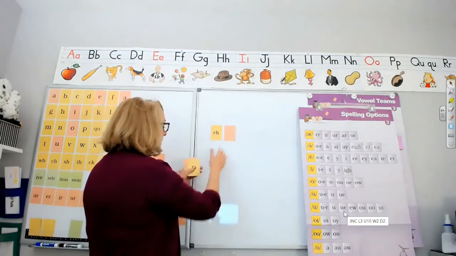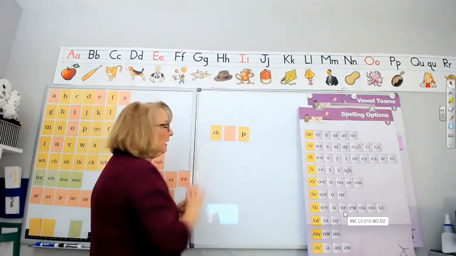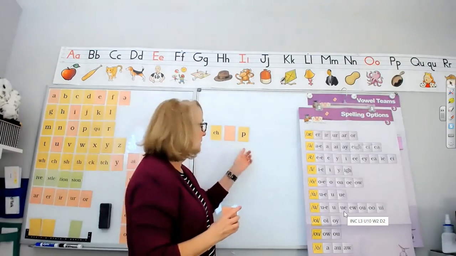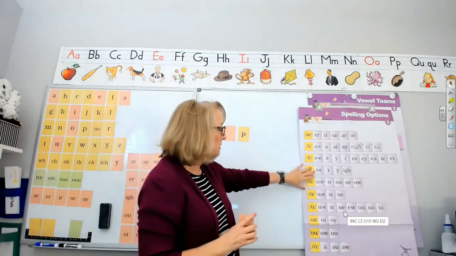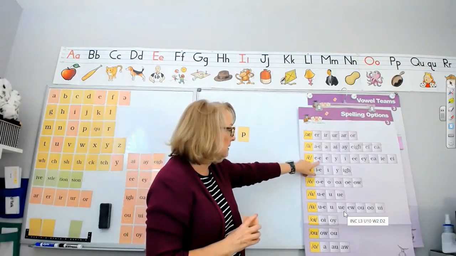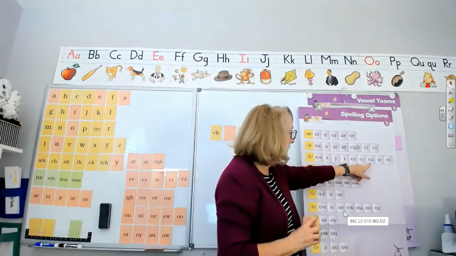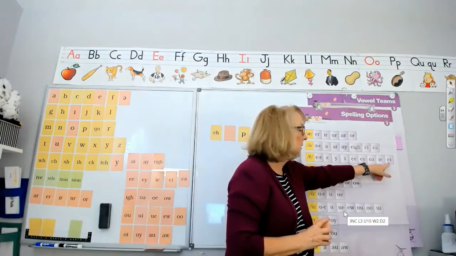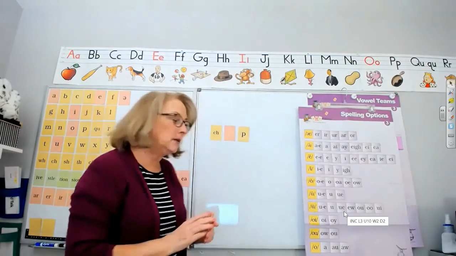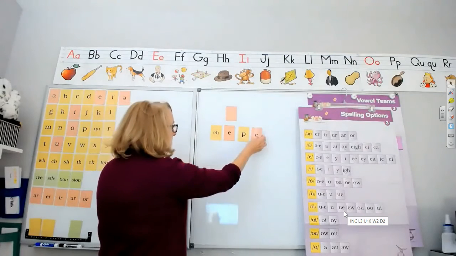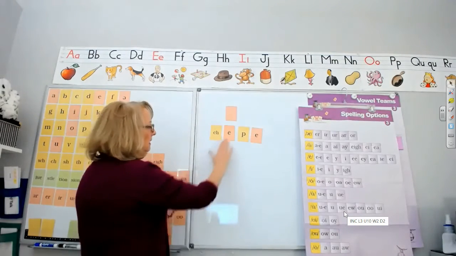And I have a blank for my E sound, and I have the P. Now, in the middle of a syllable or a word, we can spell the long E sound with E consonant E, E-E, E-A, I-E, or E-I. So let's try those. Let's try E consonant E first. Cheap.